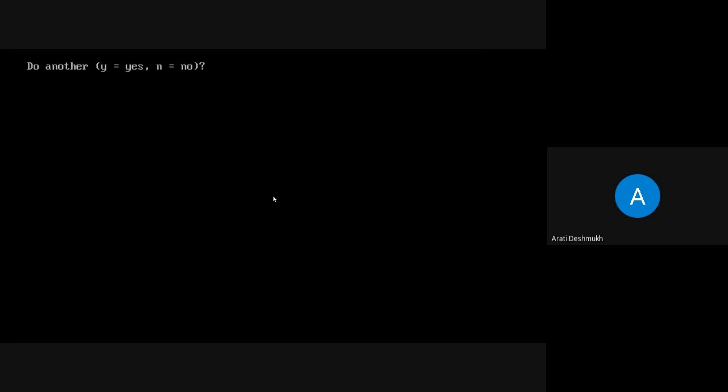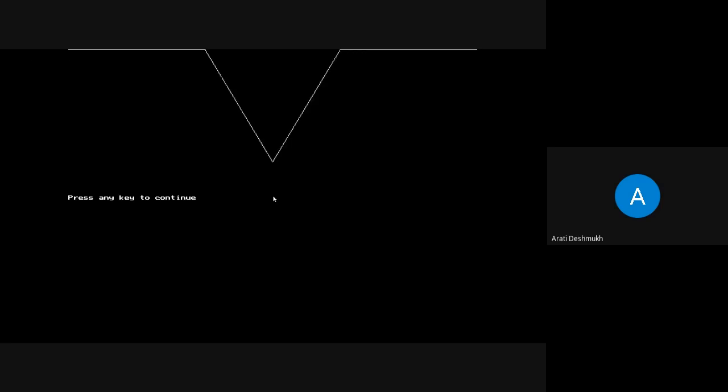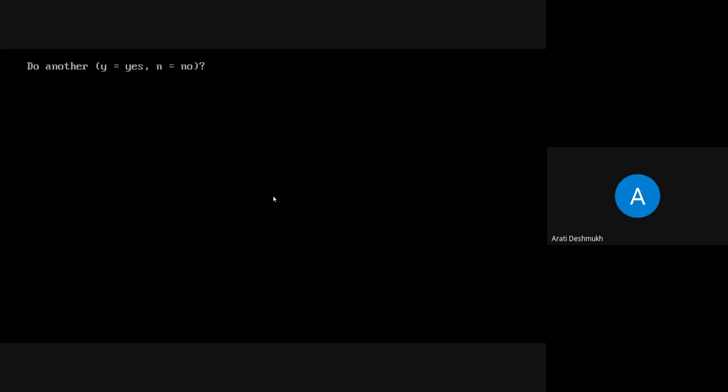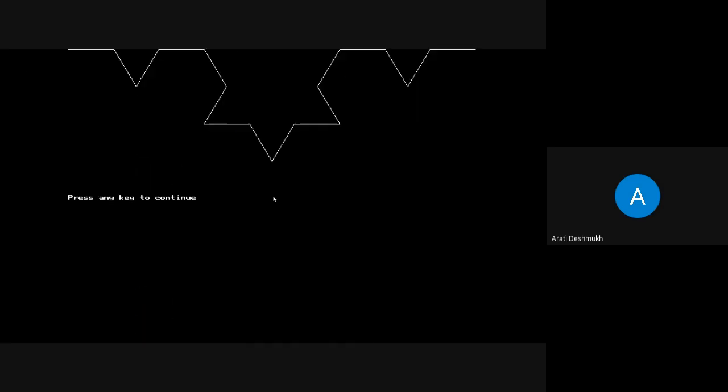If we say level 1, then that single line is divided into 3 equal parts, and the middle part becomes an equilateral triangle having the same length. Again, for level 2, each line is divided into 3 equal parts, and the middle part is converted into an equilateral triangle.